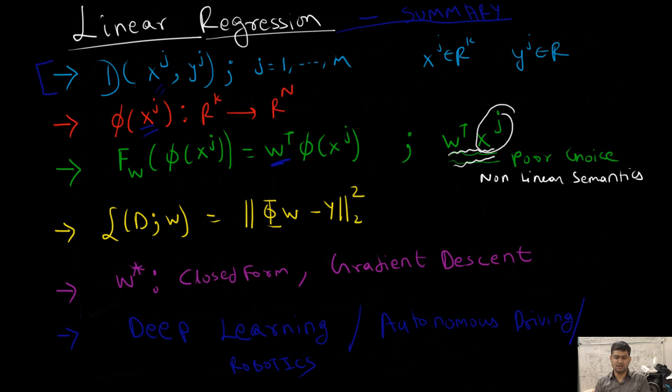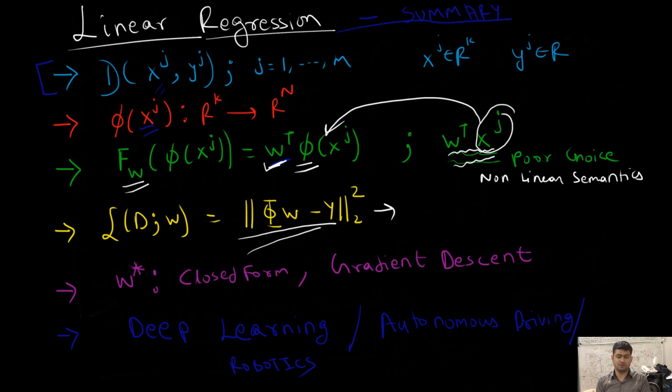So in that case, this representation phi is very useful because even while we are selecting the linear models, we can capture the non-linear semantics of the data by just having a correct representation, or you can say the right choice of representation. We also considered the L2 norm cost function to train our algorithm to actually compute the learnable parameter w.